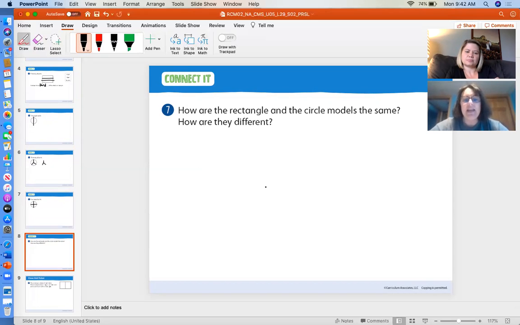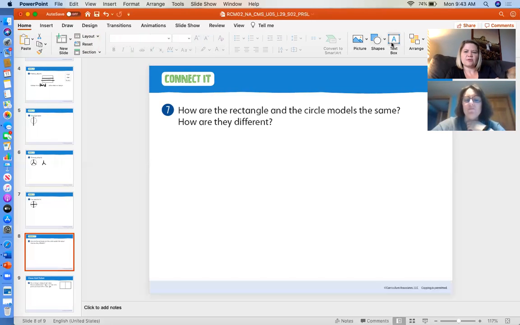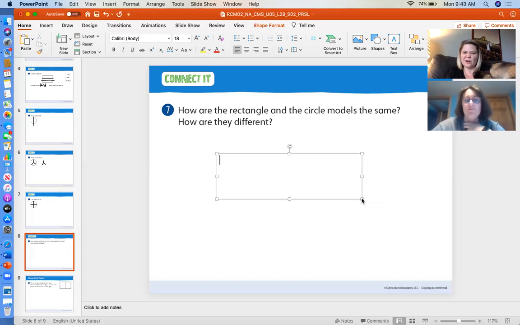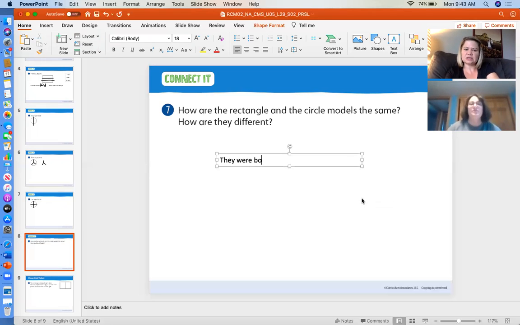How are the rectangle and circle models the same? How are they different? So whether we use a rectangle or a circle, what's the same about them? Well, they were both cut into the same kind of equal parts, right? They were both cut into 2, 3, and 4 equal parts.